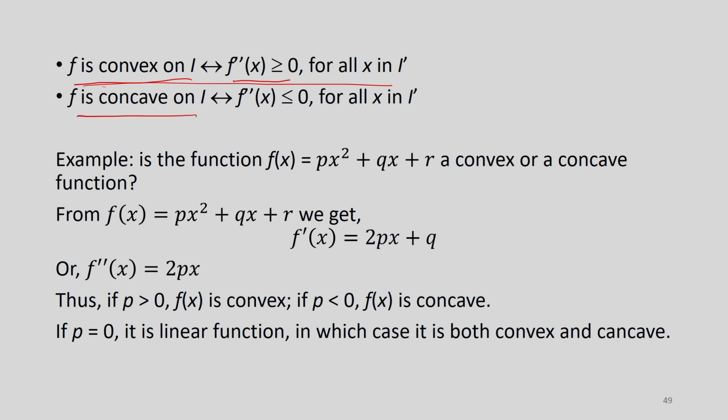What is happening to f dash of x? Is it rising or declining? What is happening to the sign of f double dash of x? Is it positive, negative? And the convexity and concavity of the function.